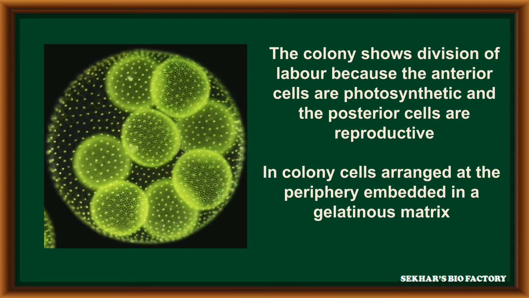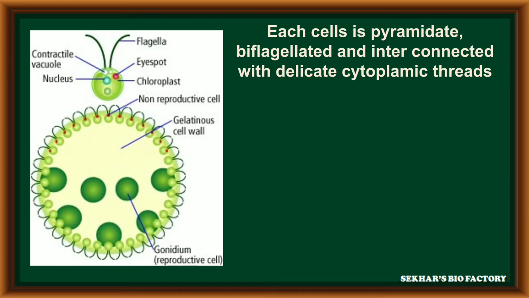In the colony, the cells are arranged peripherally, embedded in a gelatinous matrix. Each cell in the Volvox colony is pyramidate, biflagellate, and these cells are interconnected with very delicate cytoplasmic threads.